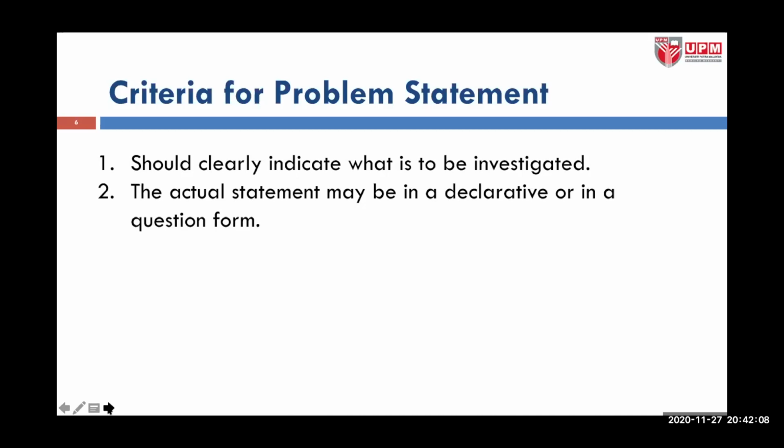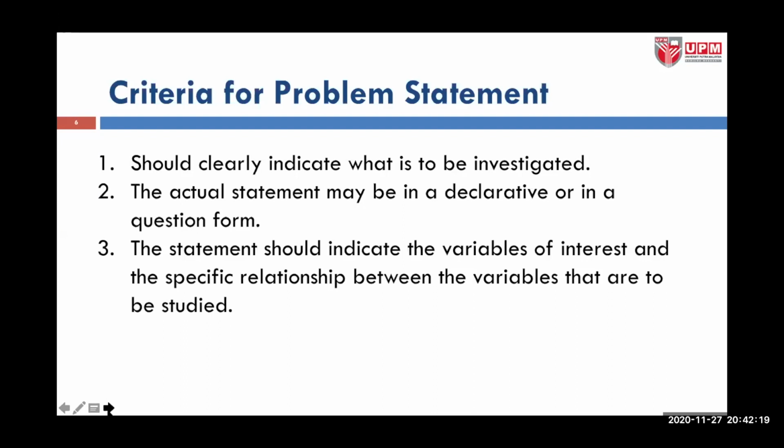By reading that, we know that you would like to solve the problem in Selangor in terms of water pollution. And then the statement should indicate the variables of interest and the specific relationship between the variables that are to be studied. So some of the criteria for a problem statement include the design parameters, probably the performance parameters, involved in the problem itself. So these are the criteria.